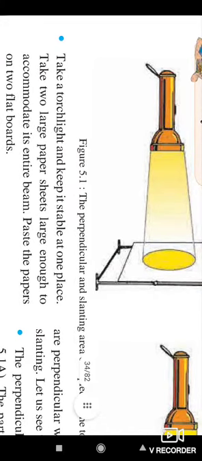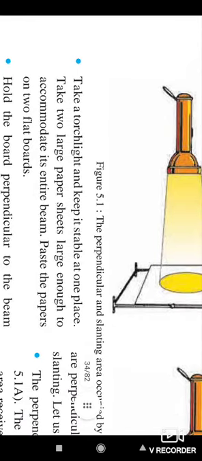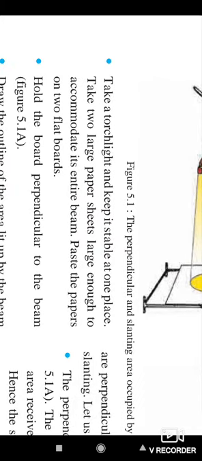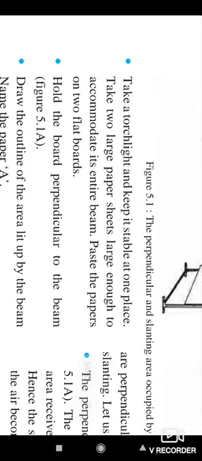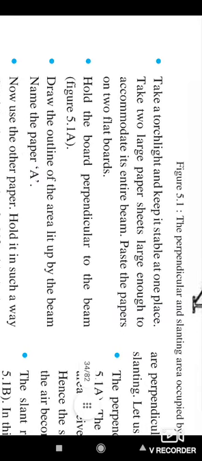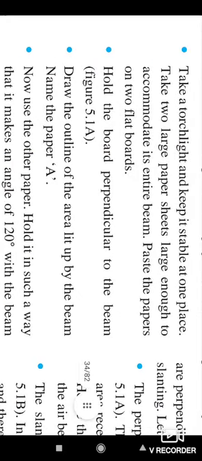The apparatus and the process of this activity is: take a torchlight and keep it stable. Take two large paper sheets, large enough to accommodate the entire beam of light. Paste the papers on two flat boards.